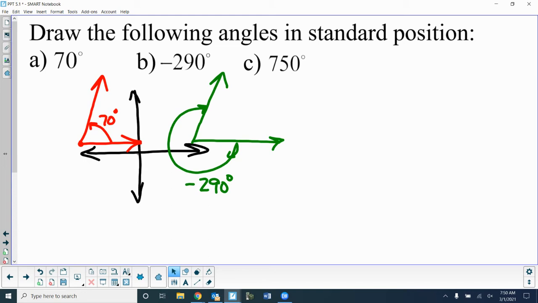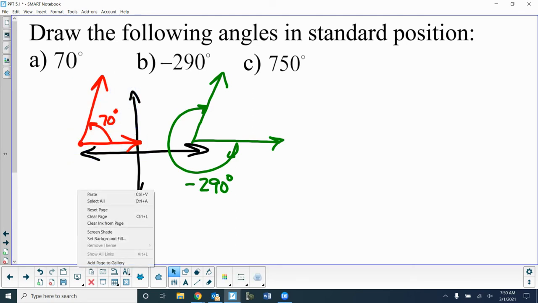Anyway, what I wanted to do was put those together. If I were to move this red one on the green one, they should be exact. Negative 290 and 70, those two terminal sides are at the same spot, right? That makes sense? All right.